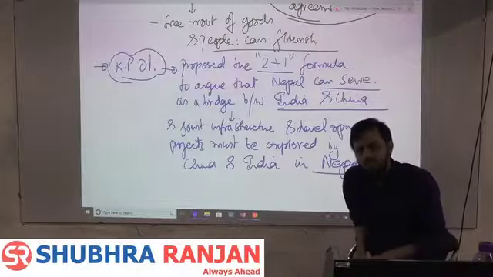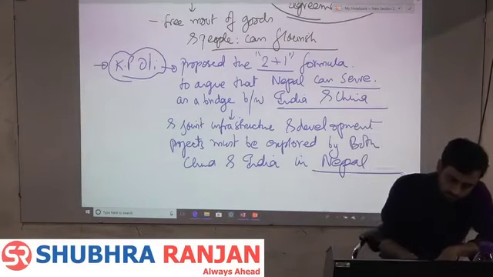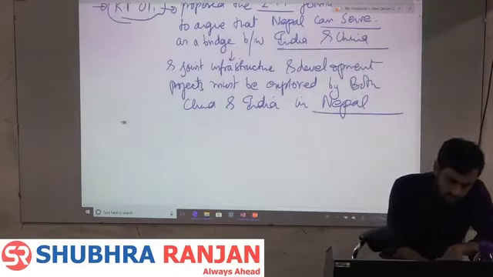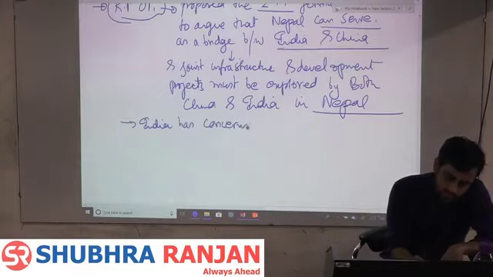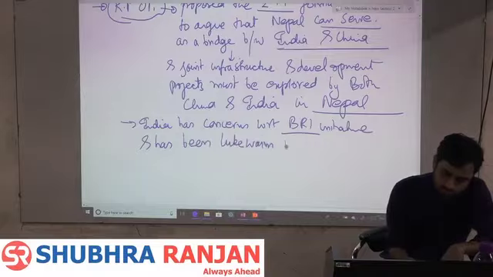We are not saying that there is a need, but India has been not very enthusiastic. So that's also one thing. But India has concerns with respect to the BRI initiative and has been lukewarm in response.